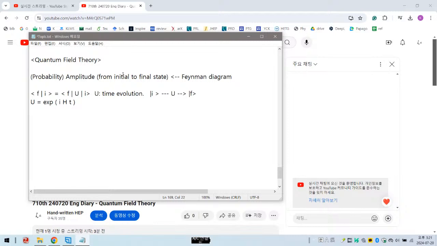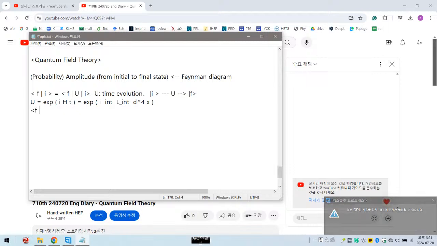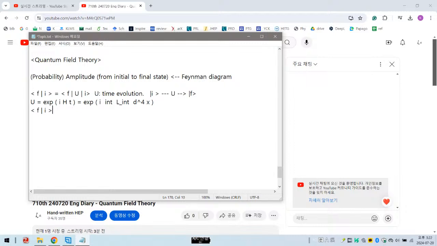And we can expand this in the language of field theory, so the Hamiltonian is replaced by the Lagrangian, which is integrated over space-time. So there are interaction Lagrangians here. We can expand this exponential order by order, then the amplitude between the final and the initial state is given order by order.